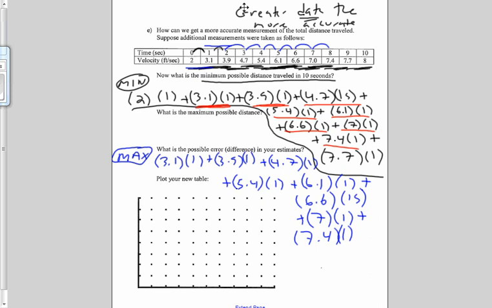And then from 8 to 9, I'm going 7.7 feet per second for 1 second. And then lastly, from 9 to 10, I'm going 8 feet per second for 1 second. And that's the only value that doesn't show up in my minimum.